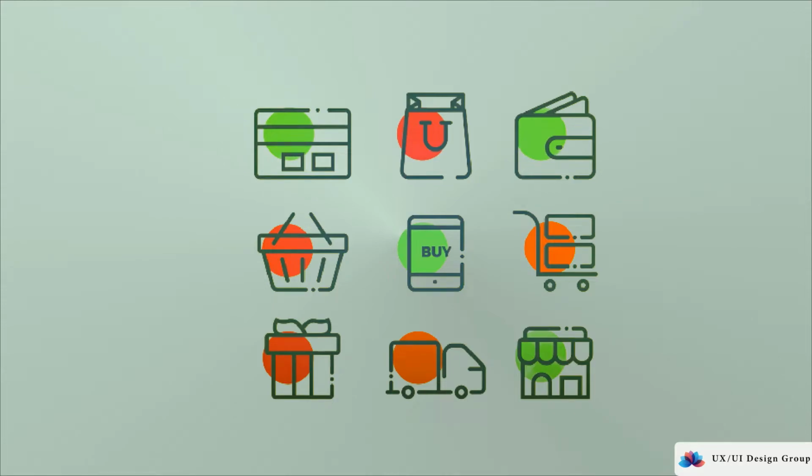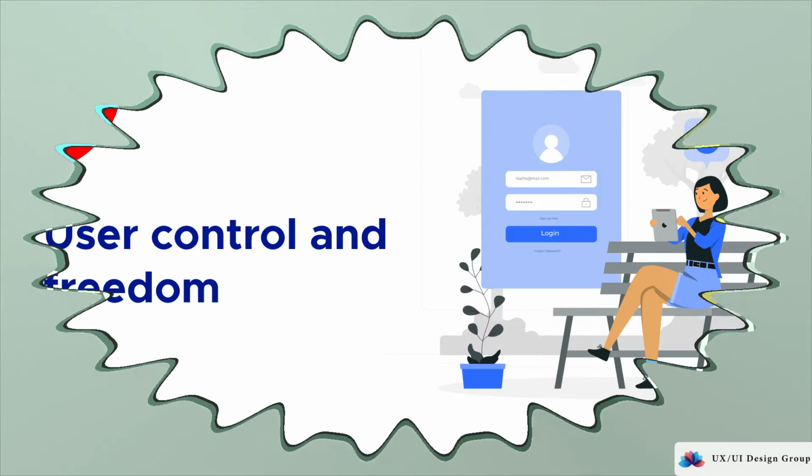Some examples would be like this in the picture. These icons depict real world objects as UI elements in the form of icons like credit card, bag, delivery truck, add to cart, and shop or home.